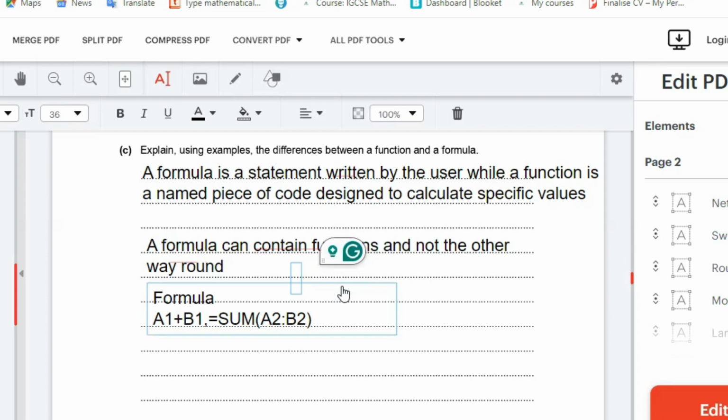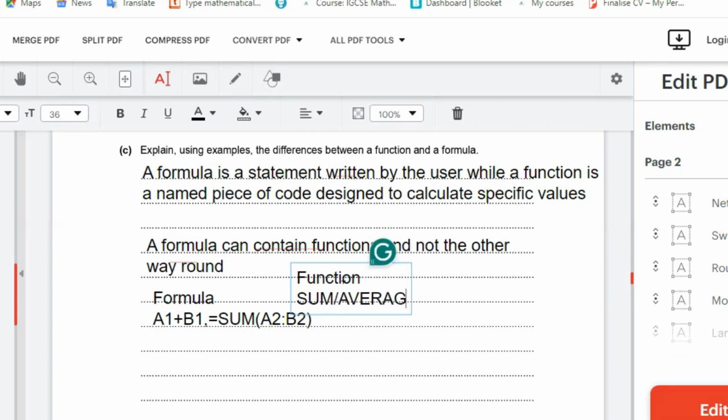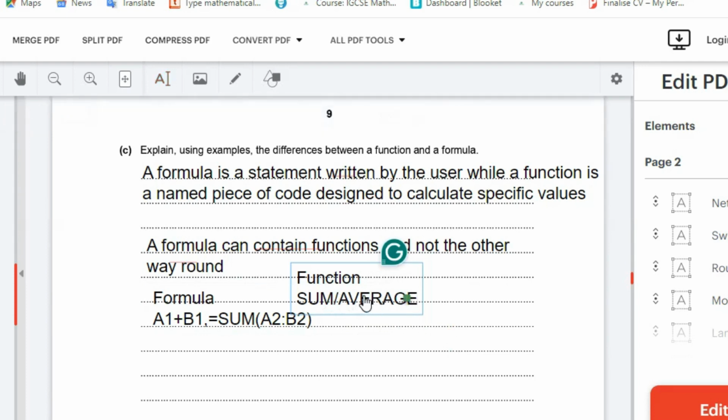So an example of a function will be sum over average. Sum over average. This is an example of a function.